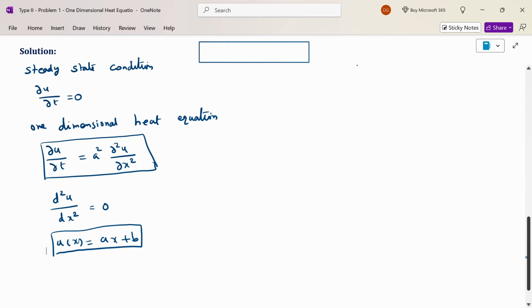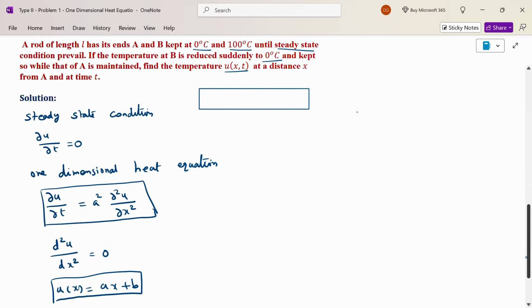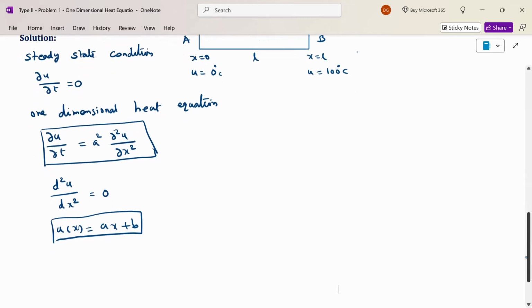Now what is the condition given? Consider this as a rod, with two ends A and B, one end A and the other end B. The length L runs from x equals 0 to x equals L. In this case, u equals 0 degree Celsius at one end and u equals 100 degree Celsius at the other end, under steady state condition.